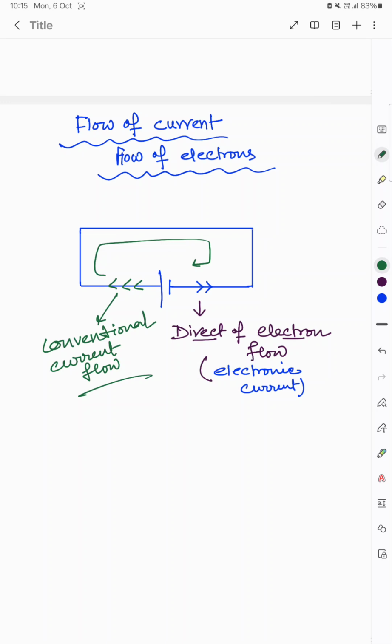So, current is nothing but the conventional current. Okay. So, this flow is from the positive side to the negative side. And the direction of electron flow is from negative side to positive side. Is it clear? If it is not clear, let me know.